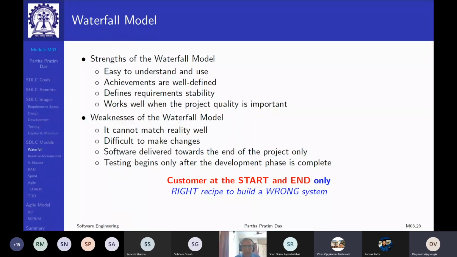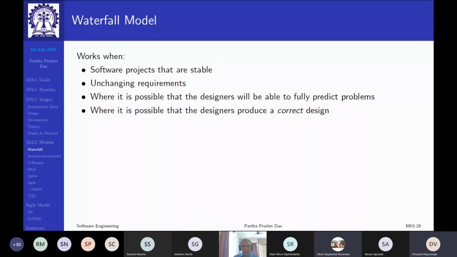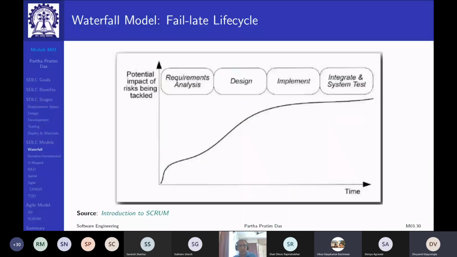So waterfall is still probably the most widely used, even in spite of its shortcomings, but limited to either small projects, academic projects, or very well-defined large product developments and so on. We saw that the main problem of the waterfall model is the fail-late life cycle.